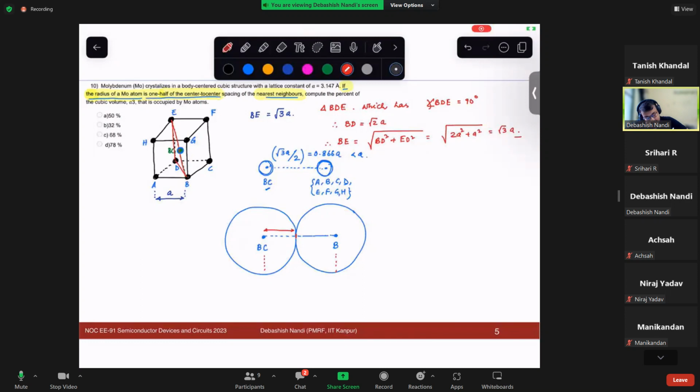The radius of the atom is nothing but root 3a by 4. And if I extend it to the other side, this would be your point E.